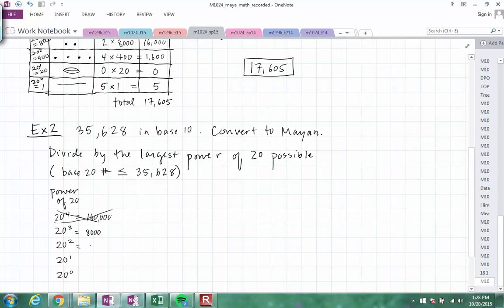So we're going to start with 8,000. Let me just fill in some of the other place values before we get going here. So this is pretty much my left-hand column, like we had in example 1. And we're going to fill in the Mayan number.